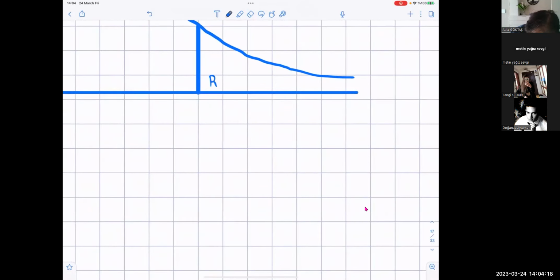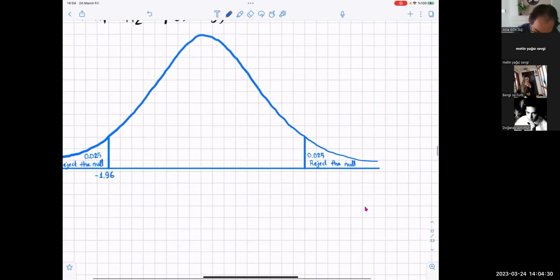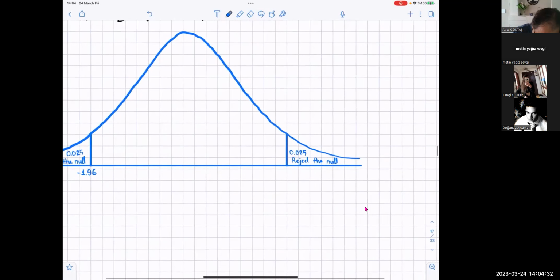Reject the null. This is 0.025 as well. There you go. And this middle area is 0.95. That is the area where you do not reject the null hypothesis.